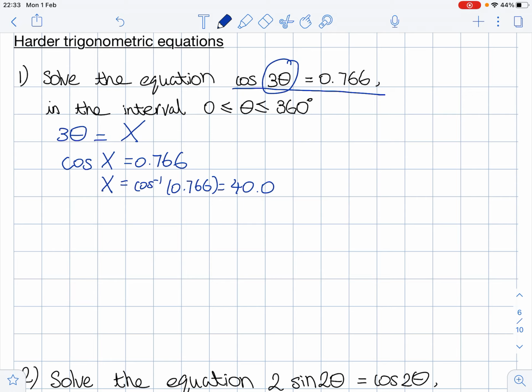So we know our principal value is 40 degrees. Then remember that X is the same as 3 theta.